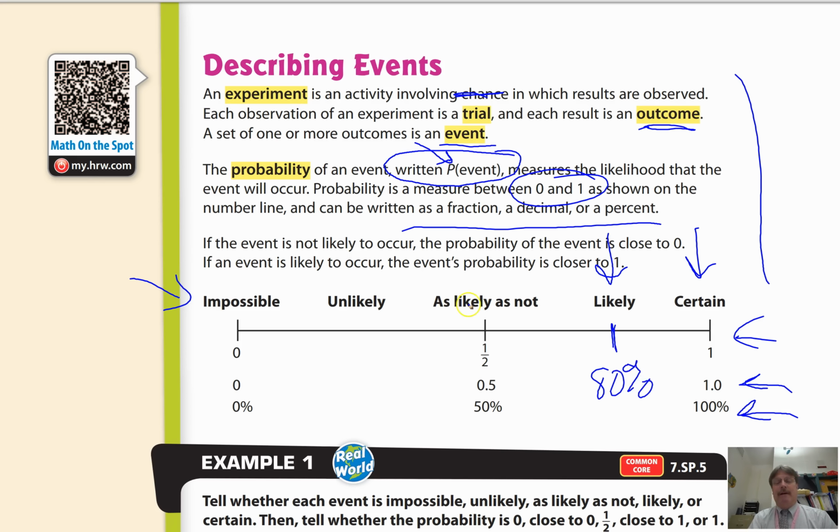Then we have as likely as not, that's the 50% area. We have unlikely, which is probably your 25%. And then we have impossible, it's not going to happen. For example, if you have a 6-sided dice, what's the probability of rolling an 8? It's not going to happen because there is no 8 on there, so that would be an impossible event.